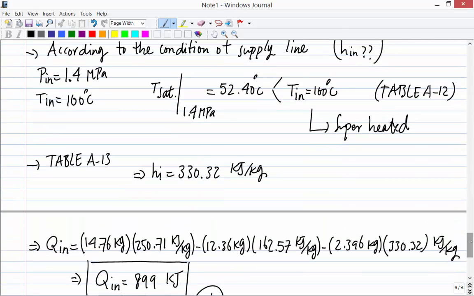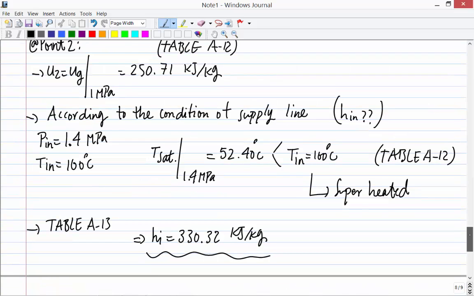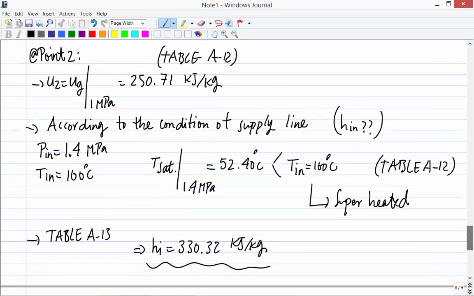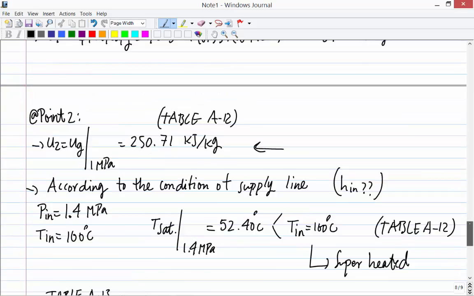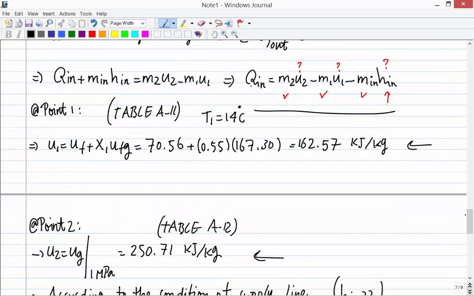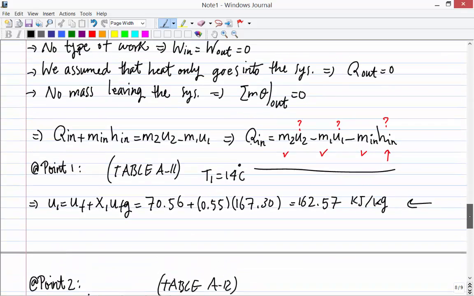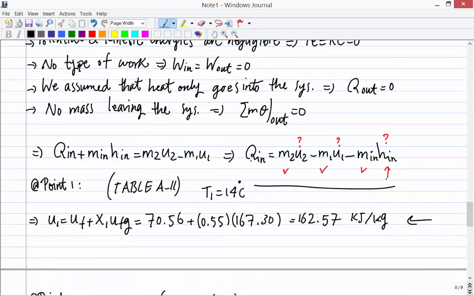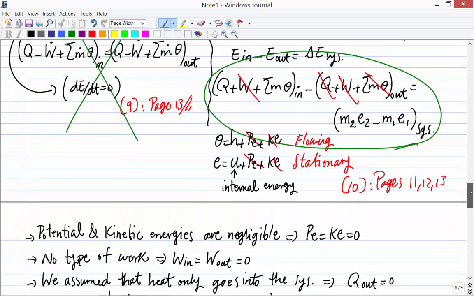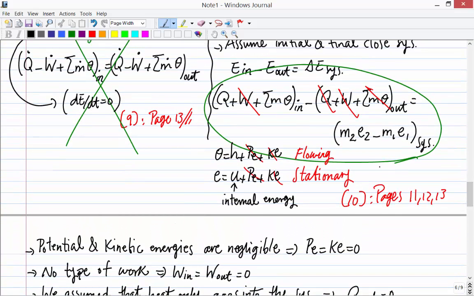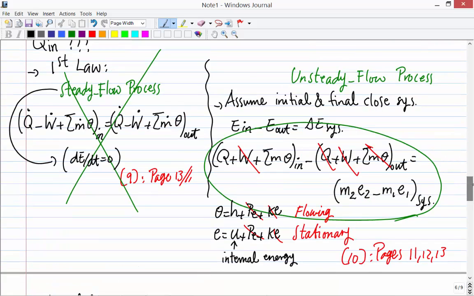There's just one note: what was the reason that we were dealing with internal energy here and here, but we got enthalpy on the other side? It goes back to this equation, which is a simplified form of that equation. On the left side it talks about the energy coming in or leaving the system.